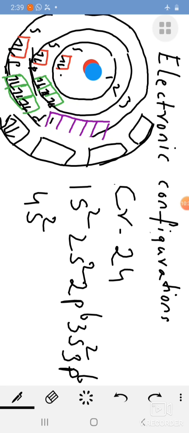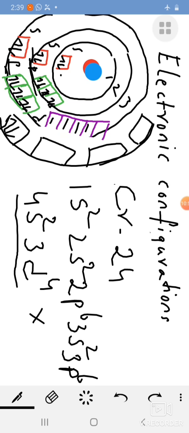Here 20 electrons are completed, and the last 4 electrons enter the d orbital, 1, 2, 3, 4, that means 3d4, but it is not correct. In this 4s and 3d4, an electron jumps from the 4s orbital to the 3d orbital, that means it becomes 4s1 3d5.